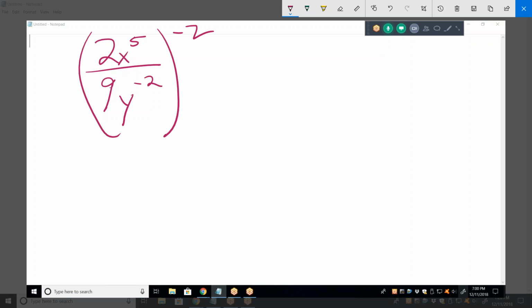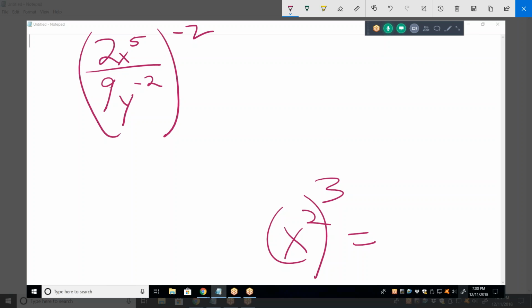Okay. What is this? So that's x squared times x squared times x. Oh wait, no, that's just x to the fifth. No, you're not going to add those exponents. You're going to multiply them.